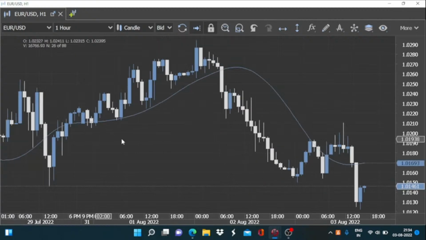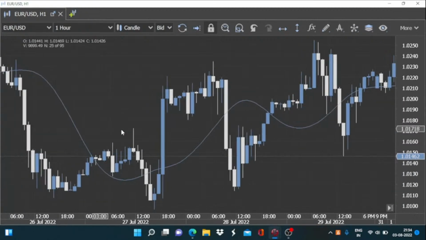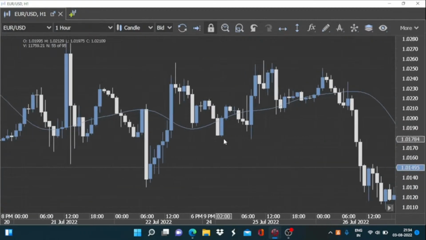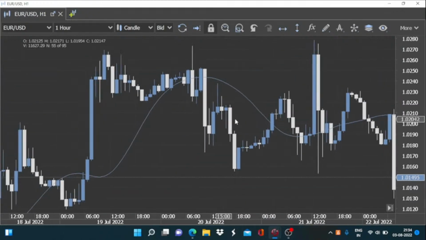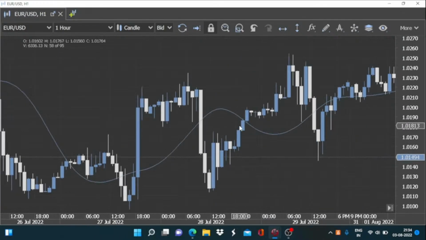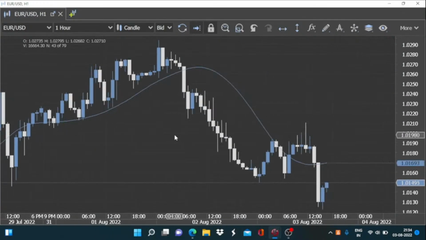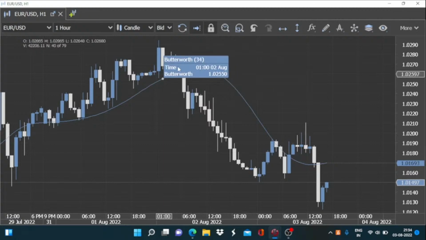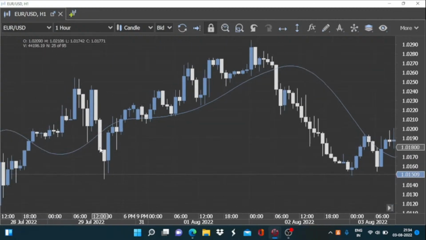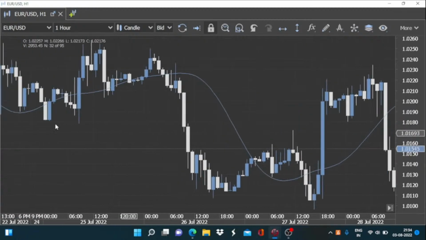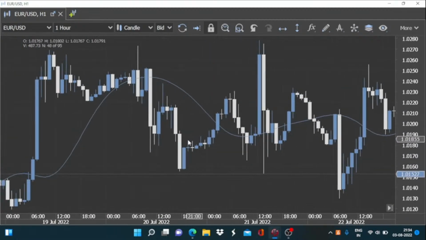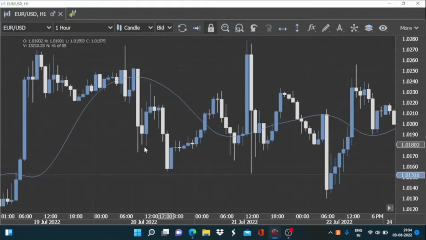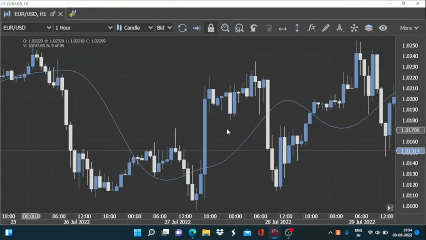All right. From the look of it, you can make out that this is more like a moving average, only the thing is that it is a lot smoother. The curves are a lot smoother compared to what we get with the various moving averages. If you work with the SMA, EMA, or other types of moving average, we will have a lot more smoothing.